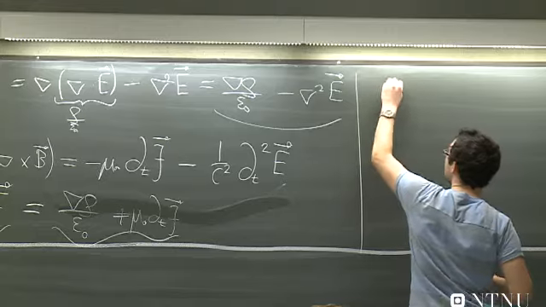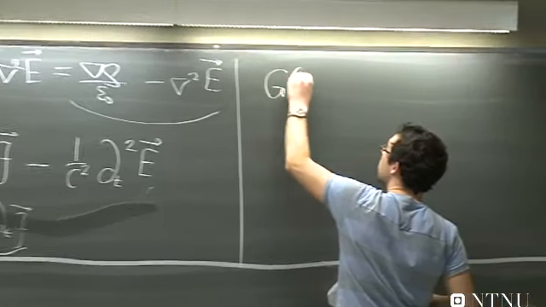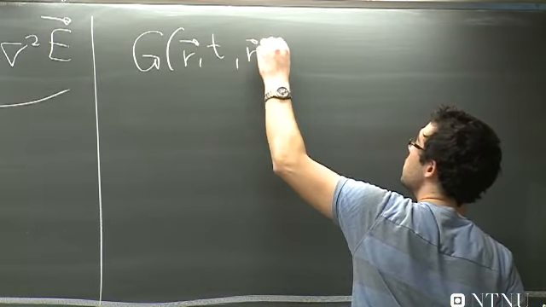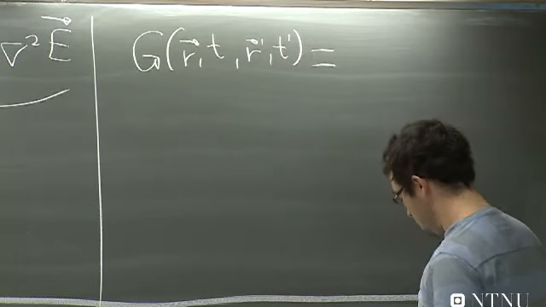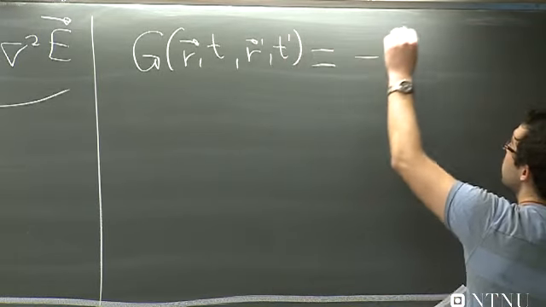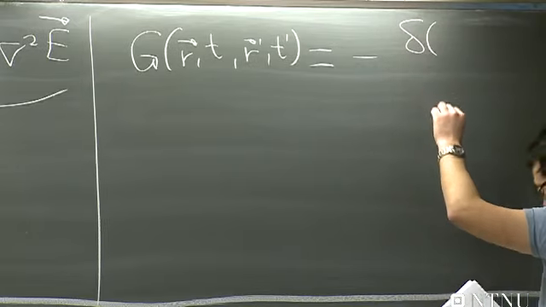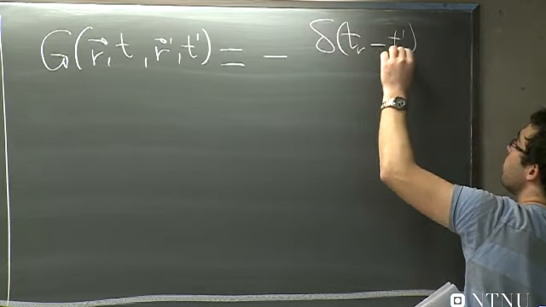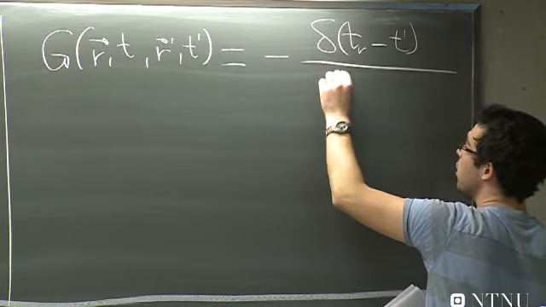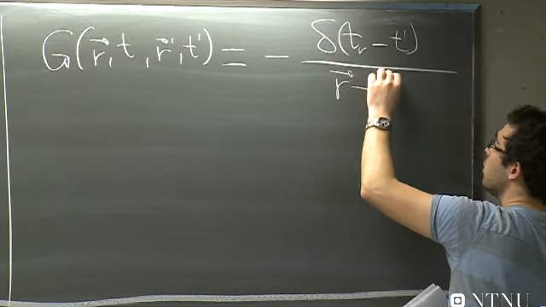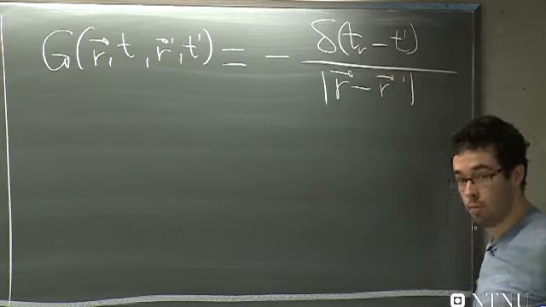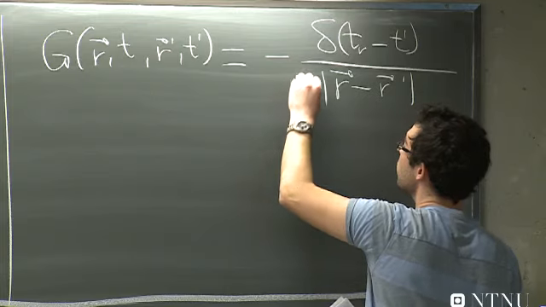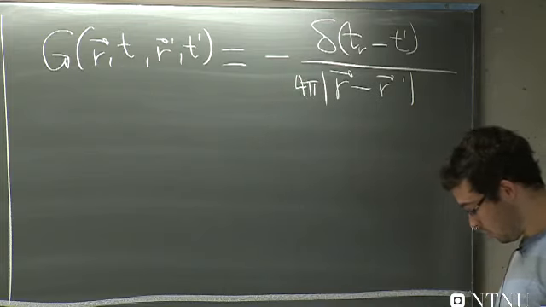So I'll write it down. G(r, t; r', t') is equal to minus the delta function, which gave us the retarded time, t_r minus t', divided by 4 pi times the magnitude of r minus r'.